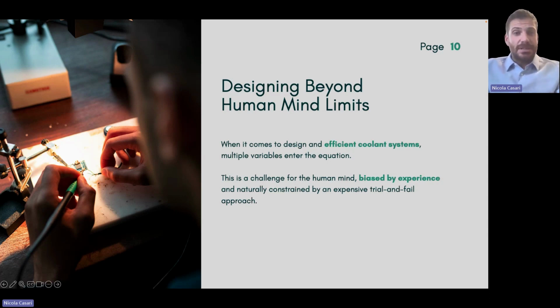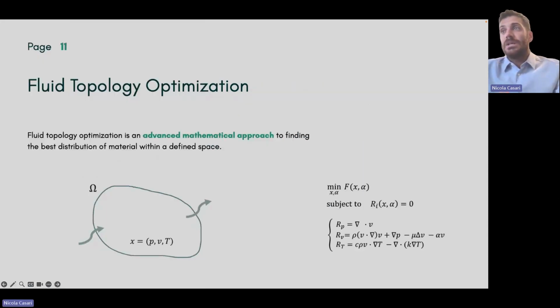And in this specific context, what we would like to introduce is what is called fluid topology optimization. What is fluid topology optimization? Well, it is a mathematical approach which finds the best distribution of material within a defined space. In other words, we might think of our problem as a volume, labeled by omega in this slide, in which a certain set of variables exist.